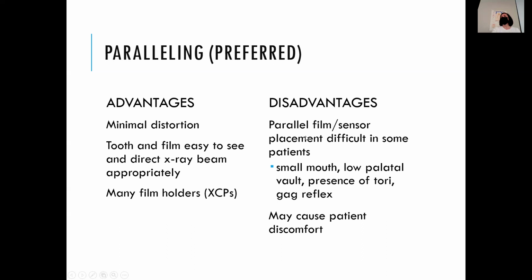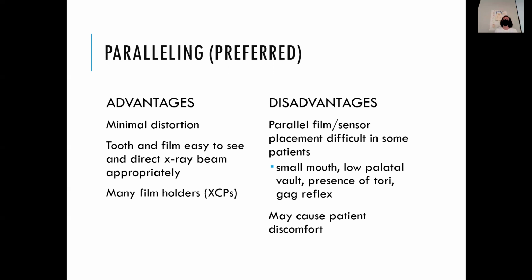Disadvantages for the paralleling. Sometimes you can't get it parallel with the long axis of the tooth, depending on the patient's anatomy. Sometimes you need to go back farther in their mouth to get that parallel relationship, and the patient gags, and you have no way of getting back posterior enough to make that parallel relationship.